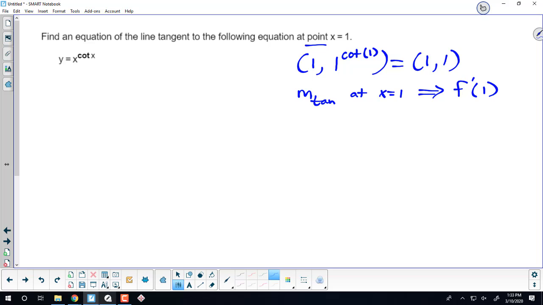Again, it's a function to another function's power. We can rewrite in terms of e and ln, or we could just do logarithmic differentiation. We take the log of both sides, and the power rule pulls the cotangent out front to multiply the logarithm.